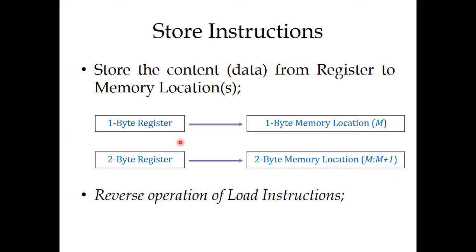Now here, as you know, we have 1 byte long registers and 2 bytes long registers. So if you are putting something back from a 1 byte register, as you can guess, you will need 1 byte of memory location. But if you are putting something back from a 2 byte long register, you will definitely need 2 bytes of memory.